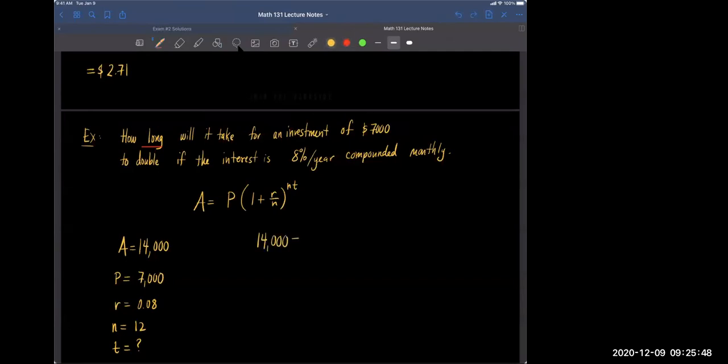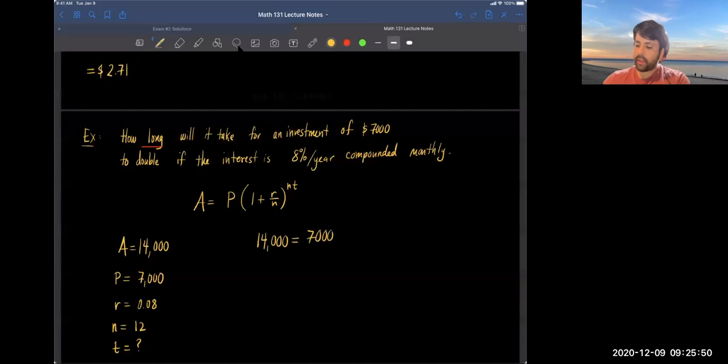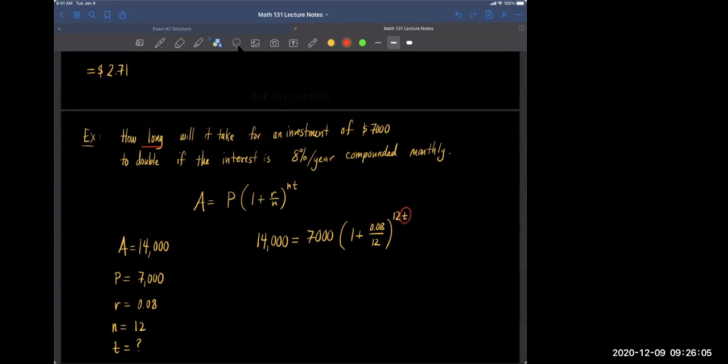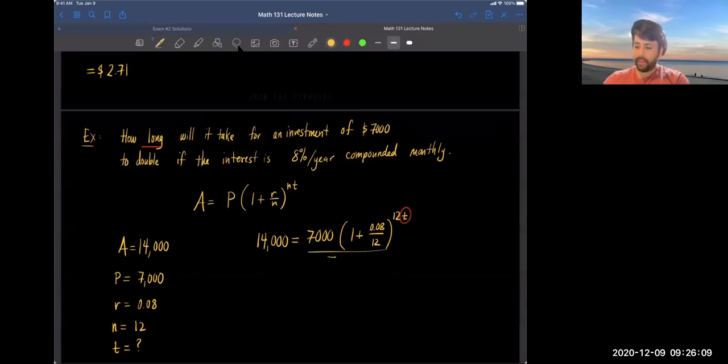So we plug it in and we get 14,000 equals 7,000 times (1 plus 0.08 over 12) raised to the 12t. What am I looking for? T. The first thing I could do is divide by 7,000 on both sides.